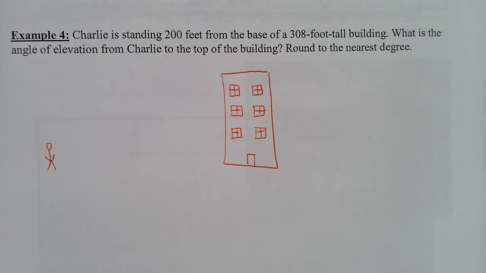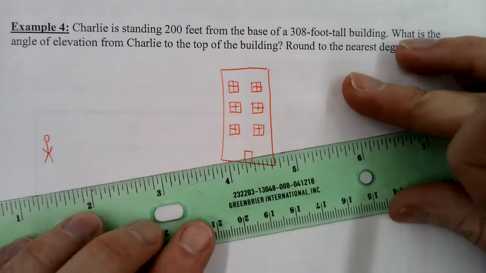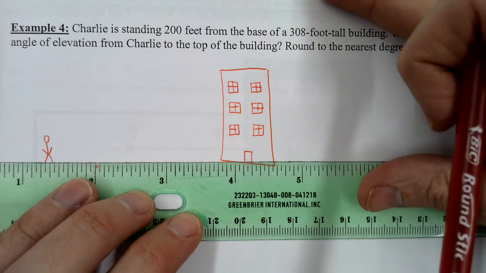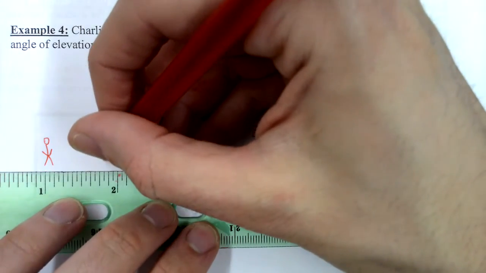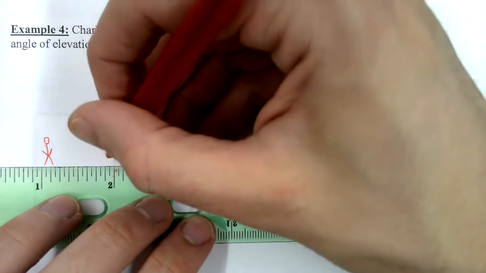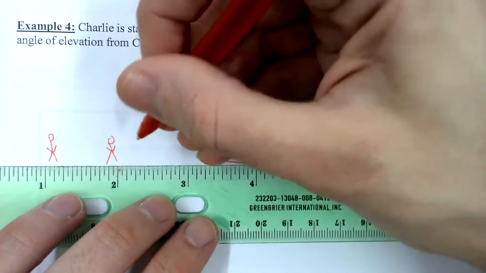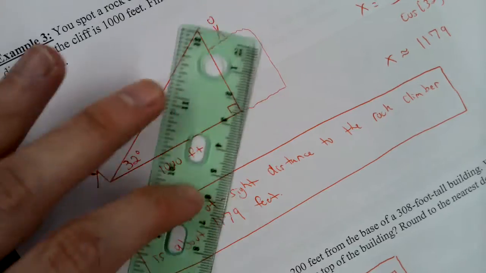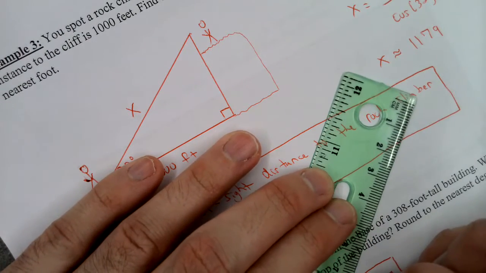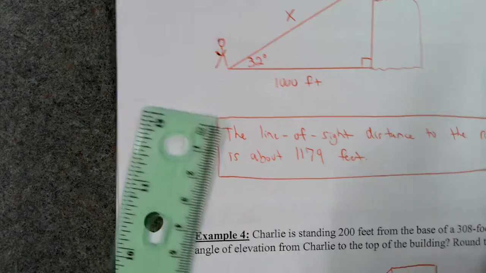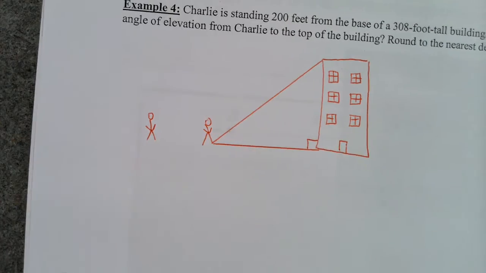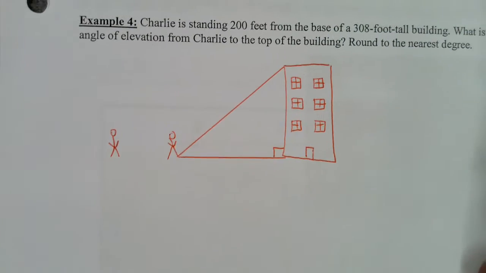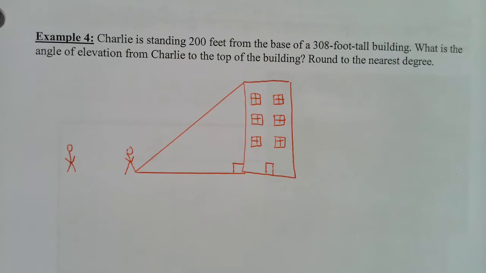It says Charlie is 200 feet from the base of the building. You know what? You put Charlie a little closer, just so it looks a little more realistic. Let's put Charlie right there. I put him closer to the building just so it looks better. That's somebody else, that's Michael. Okay, Michael, we don't care about Michael.